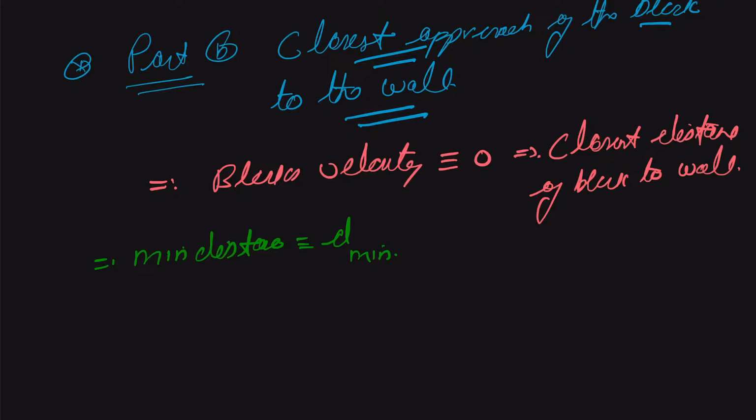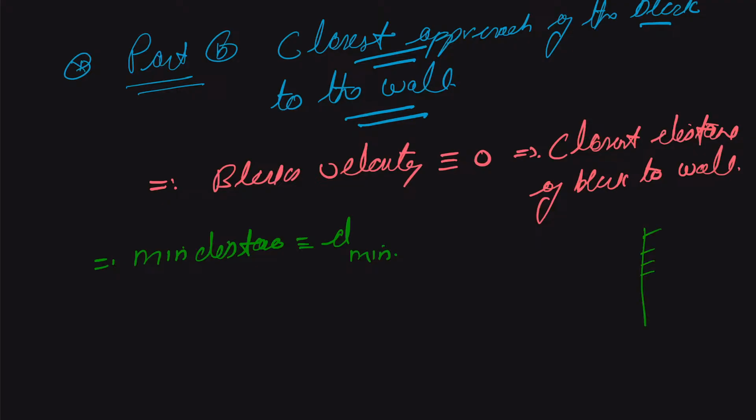We also have to remember that the wall only reverses the ball's velocity. Whenever the ball strikes the wall, its direction is going to change, but the magnitude is going to remain the same.